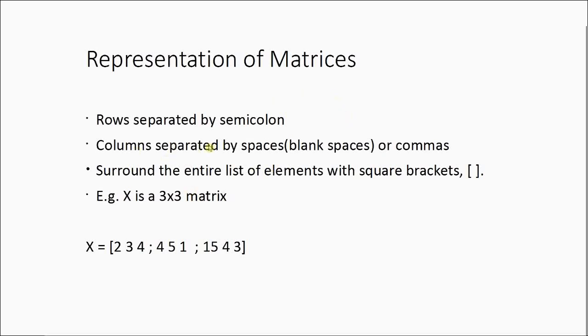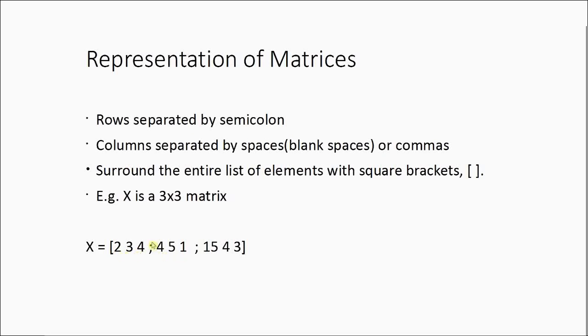In order to separate the columns, you can use either spaces or commas, but spaces are a very convenient notation to enter, so I will go for spaces. Suppose I want to define a matrix X with a size of 3 by 3: open square bracket, first element, second element, third element, all separated by spaces.